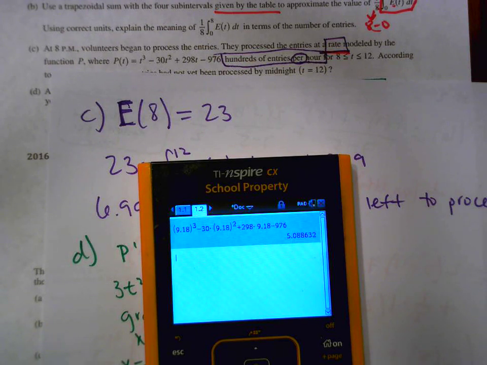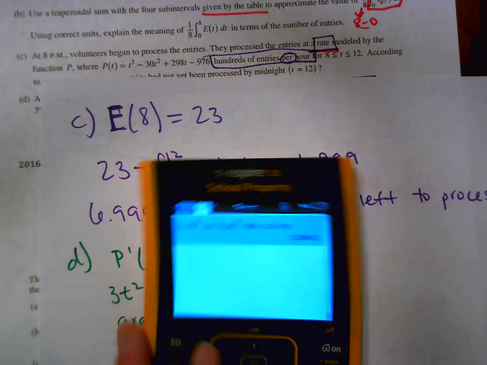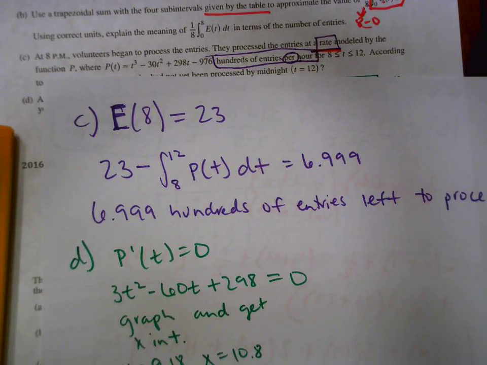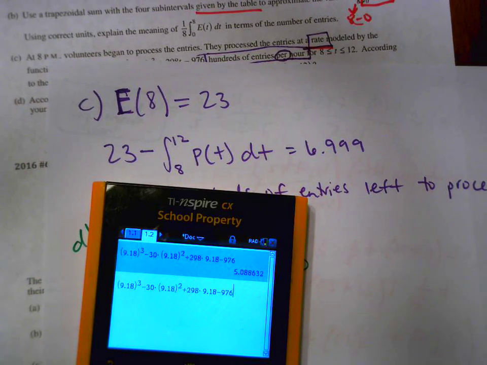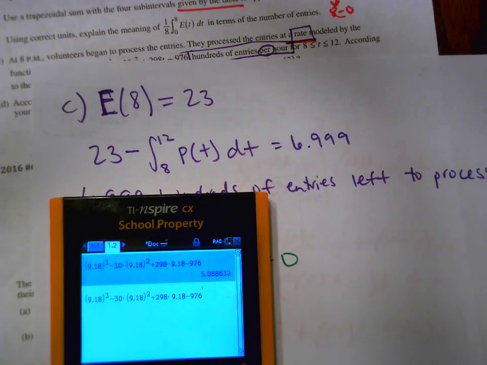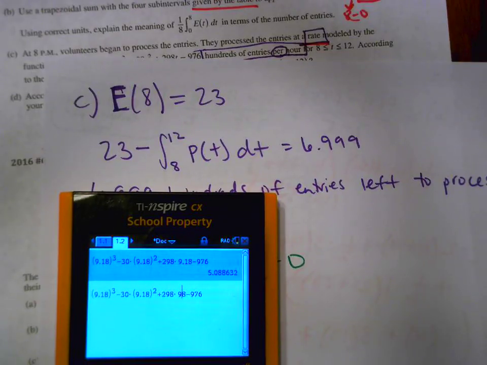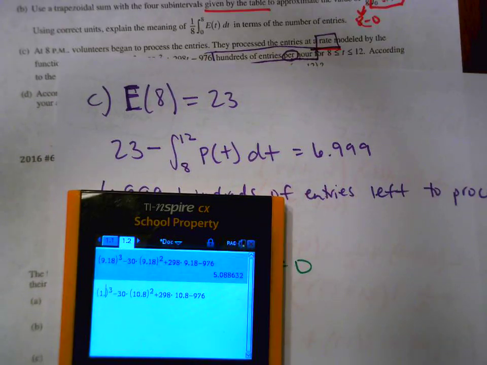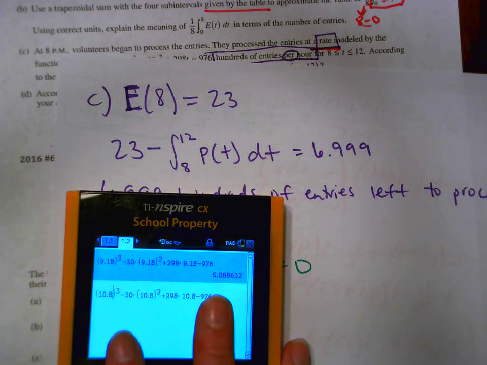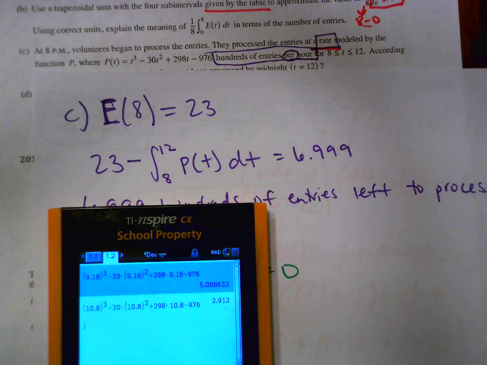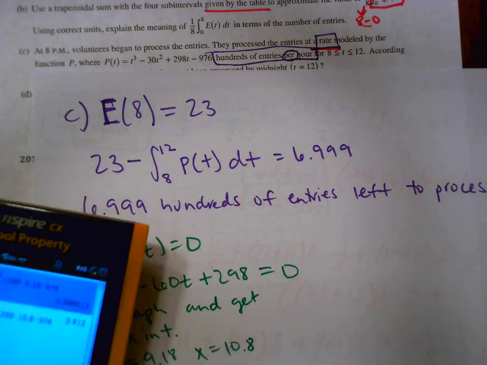And that is 5.088. Okay, so the next one I'm going to do is highlight this and just change my 9.18s to 10.8. Double check it. Looks right. 2.916 or 912.